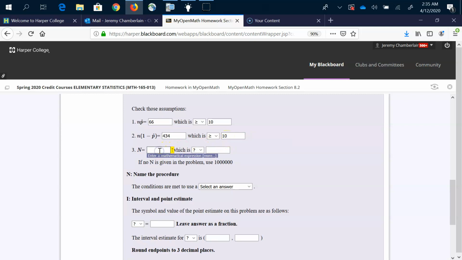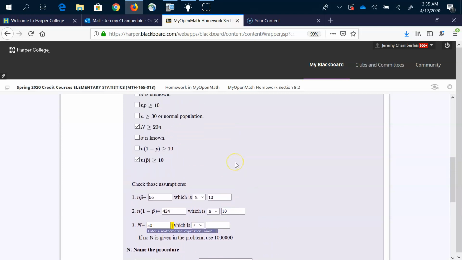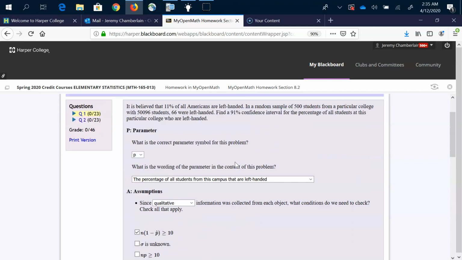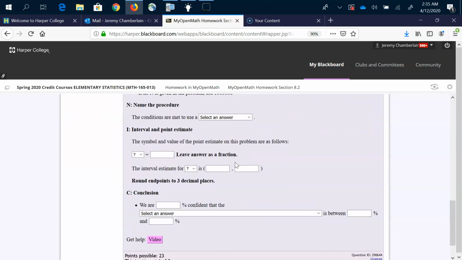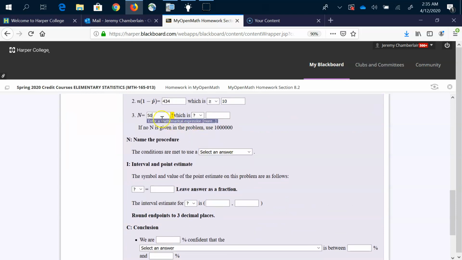The population of this particular college was 50,096, and I'm going to have to scroll up to see. So I'll move that to 50,096. And that is definitely bigger than or equal to 20 times the sample size.